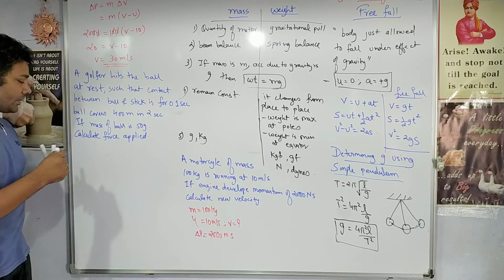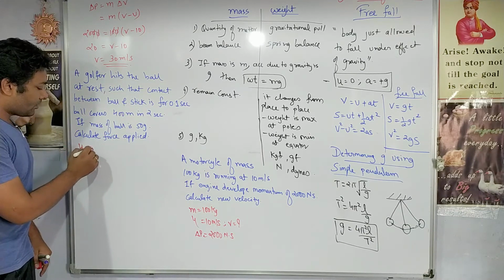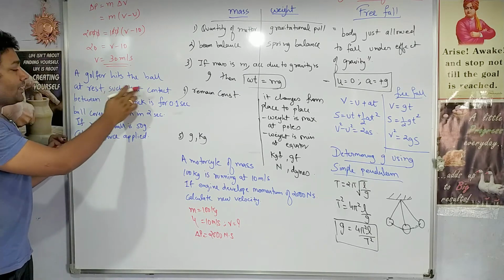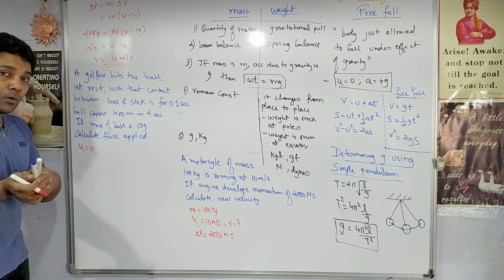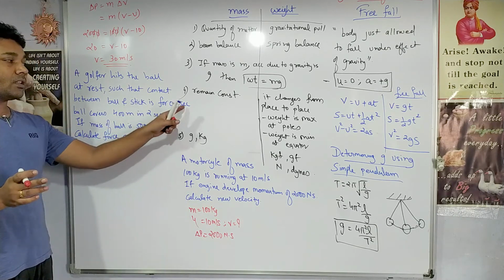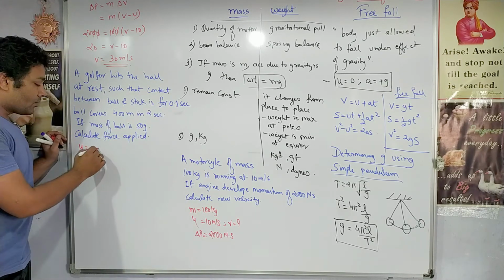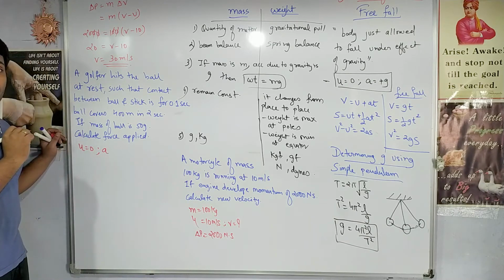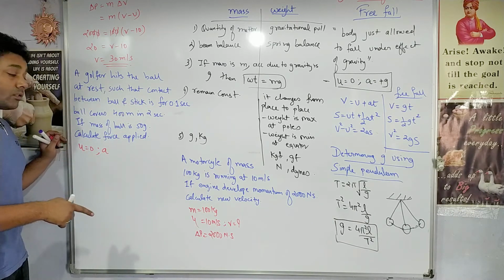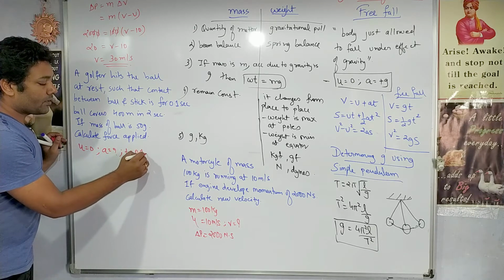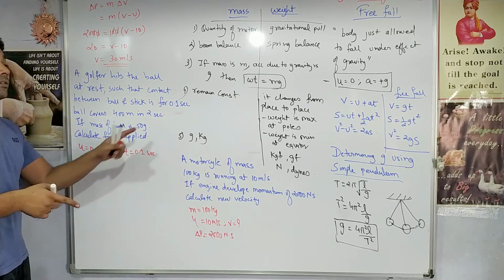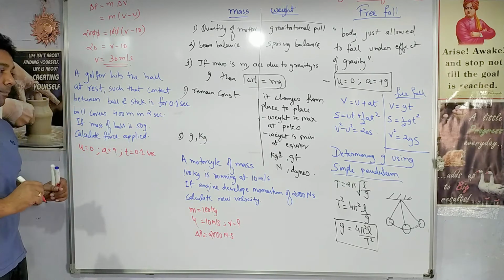Let us write down the given data, right? Initial velocity of the ball is 0, such that the contact between the ball and stick is for 0.1 second. Now see, ball is in contact with the stick for 0.1 second. So there will be an acceleration, right? There will be a force acting on the ball for how much time? Time 0.1 second. So ball undergoes accelerated motion only for this much time.